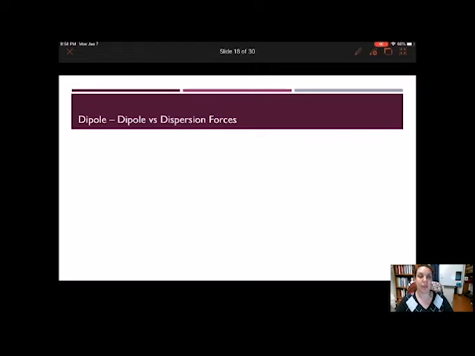So let's think about dipole versus dispersion forces. Polar molecules, as I said, also exhibit dispersion forces. When we're trying to think about intermolecular forces and ranking or determining which intermolecular forces take precedence, we have to look at sizes, our dipole-dipole interactions, and our electrostatic interactions to determine what force is going to be dominant within a substance.